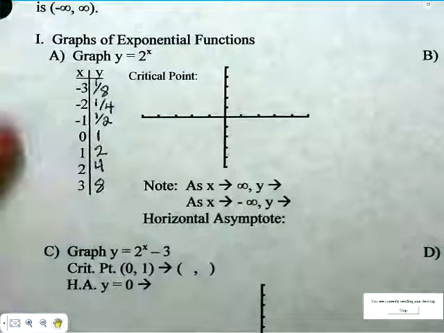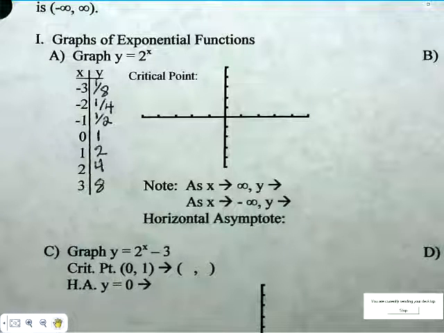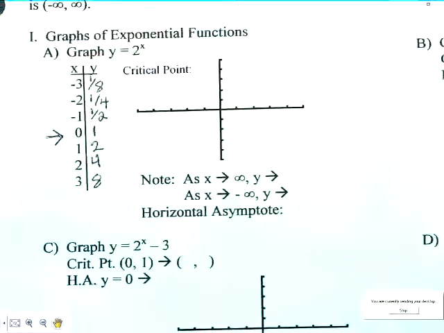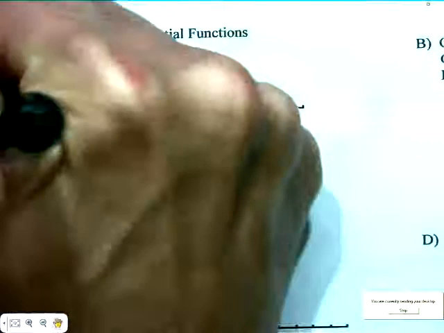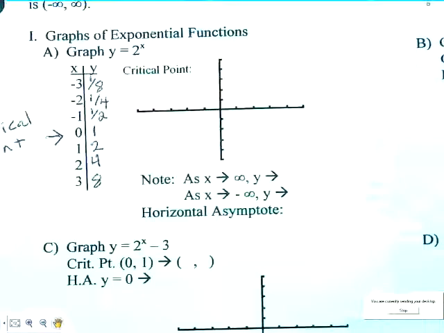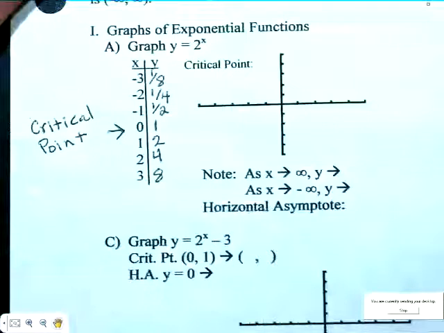Let's graph these 7 ordered pairs and see if they give us a good idea of what this function looks like. For reasons that we'll talk about in just a minute, I'm going to call this point 0, 1 the critical point for this function. It's right here on the y-axis. It's the y-intercept.